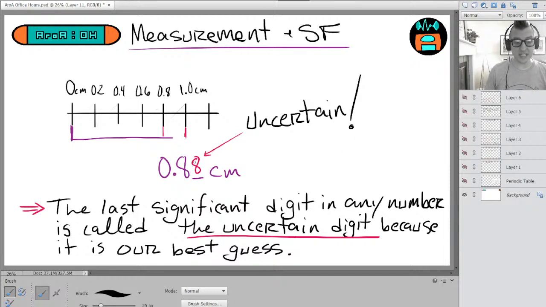And you'll notice with this uncertain digit, no matter where this falls in between 0 and 1, any number is going to have the same number of decimal places. We're going to have 2 significant digits, no matter how long this string is.